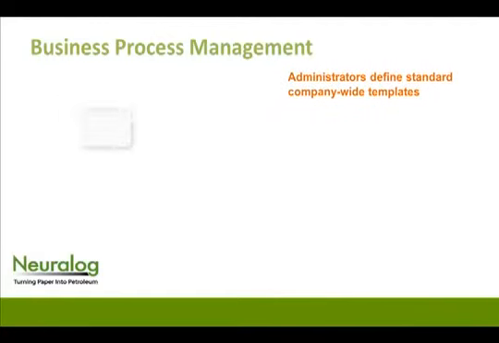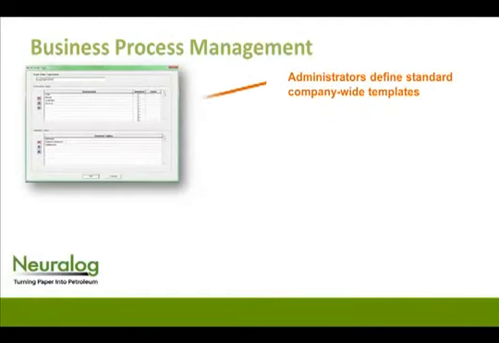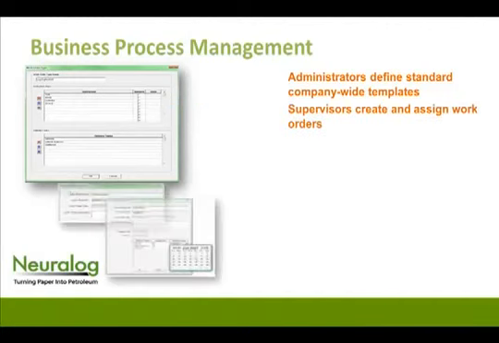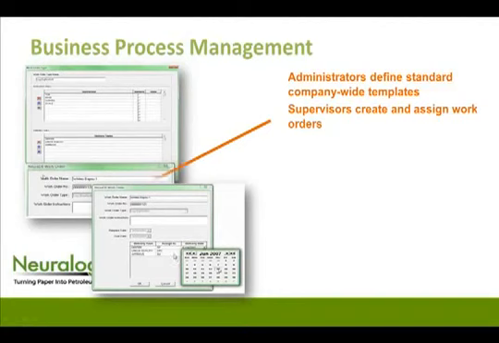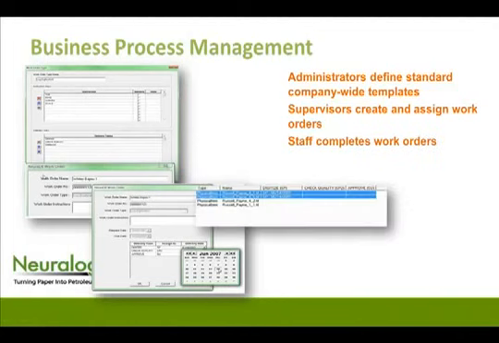So administrators can define company-wide templates which would be used by every supervisor in the company to create, for example, digitizing work orders. In this case, they create individual work orders and assign them to users with specific delivery dates, saying we need these tasks to be completed by these dates. The whole process is then completed and monitored within NeuroDB.